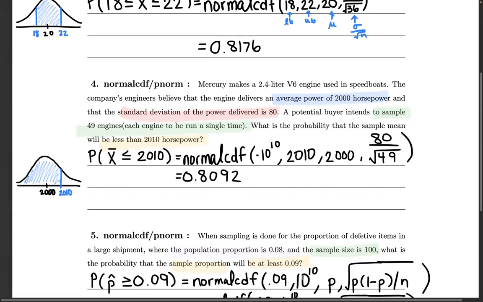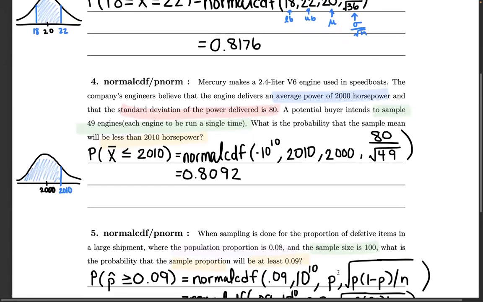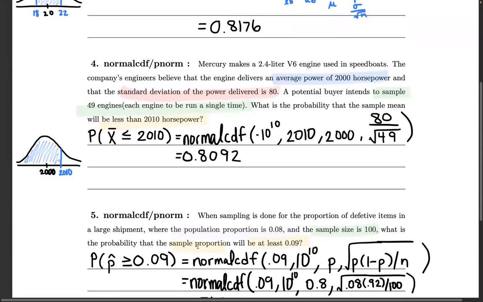So we'll put in our calculator 10 to the 10, and then we're going to have P here, and then the square root of P times 1 minus P divided by N. In this problem, our P is 0.8, which is given right here, the population proportion. Oh, sorry, it should be 0.08, not 0.8. So this third input value for normal CDF should be 0.08.